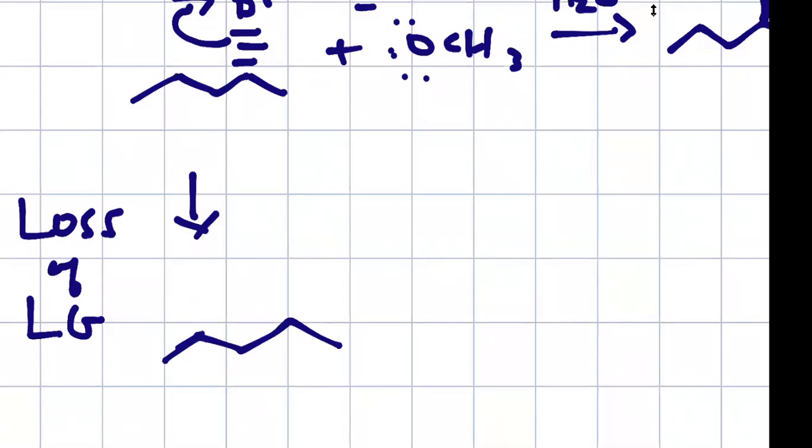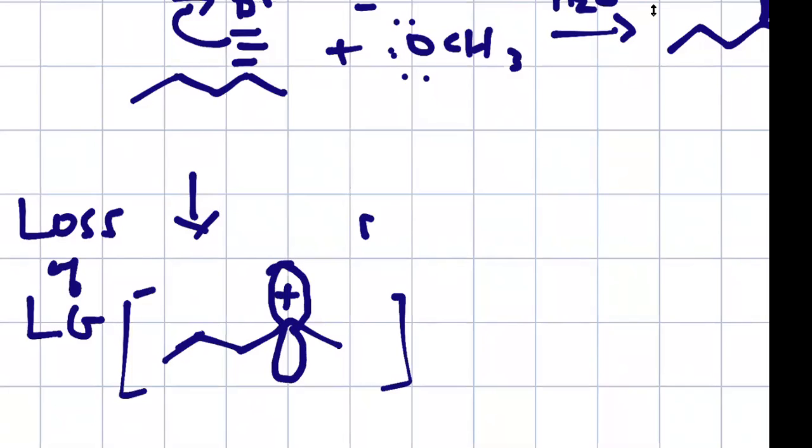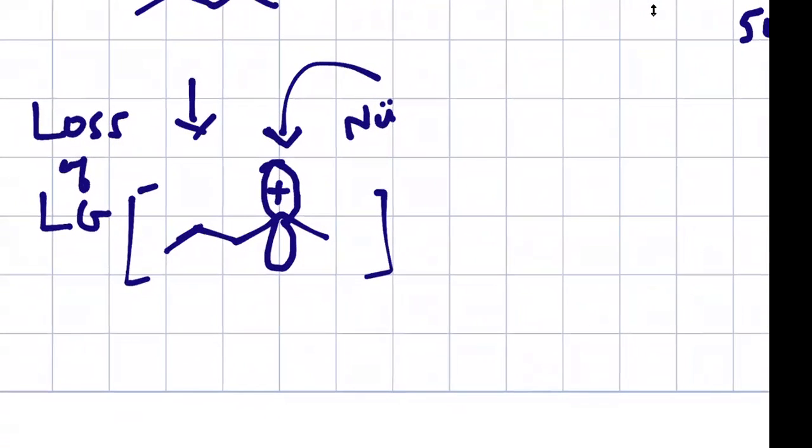Anybody? You get a carbocation intermediate. That carbon has a plus charge on it, but it's really an empty p orbital. So my nucleophile can come in from here, or it can come in from here.